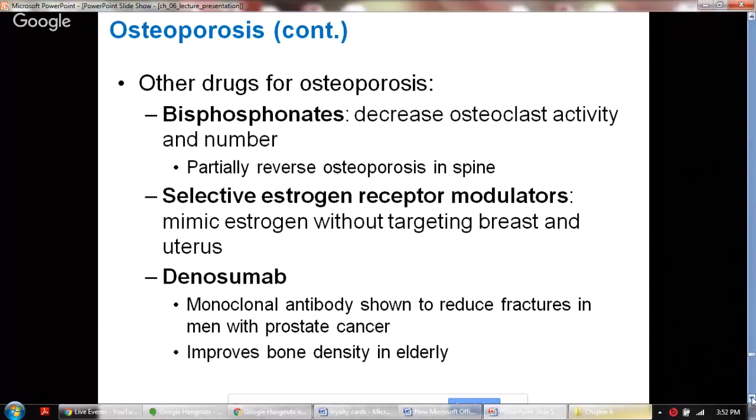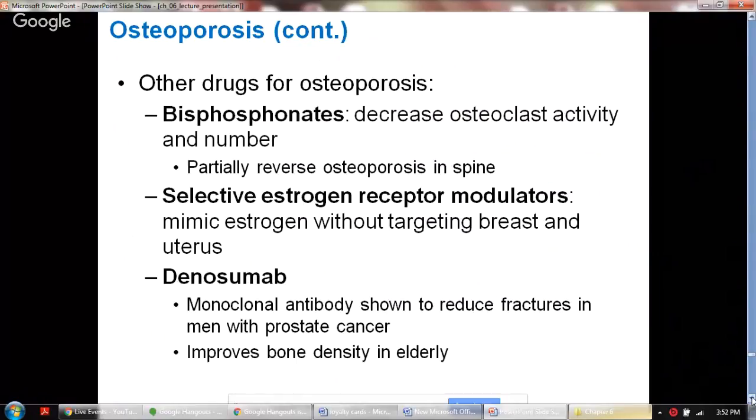The other drugs for osteoporosis would be the bisphosphonates. They decrease the osteoclast activity and partially reverse the osteoporosis in the spine. And also selective estrogen receptor modulators, which really help prevent osteoporosis, though there is a concern about targeting breast and uterus cancers.